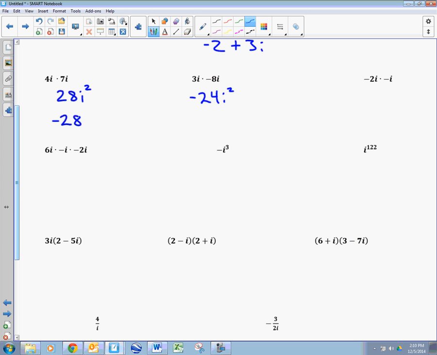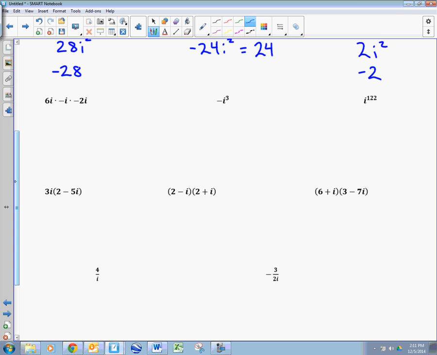Positive 24. Negative 2i times negative i would be a positive 2i squared. What does that become? Negative 2.